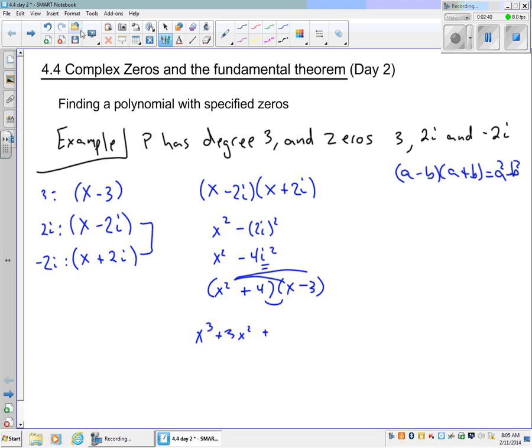That's actually a minus over there. So let me go back here and change this. So that was x squared times negative 3 to get minus 3x squared. And then we have 4 times x to be positive 4x. And then 4 times negative 3 is negative 12. And that is our polynomial with a degree of 3 from the zeros of 3, 2i, and negative 2i.